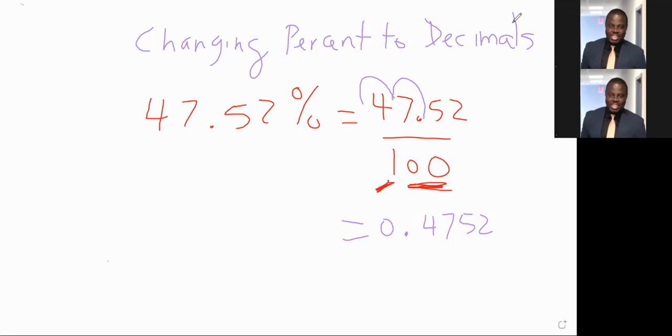Another one. So let's say that I have 0.5%. Whatever it is, you just divide by 100. 0.5 divided by 100.